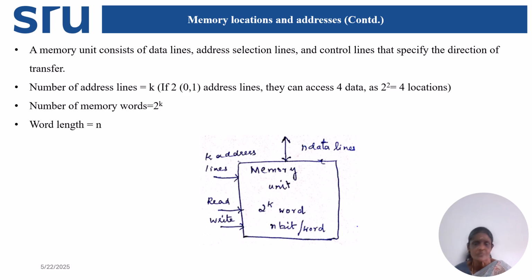If we have 0 and 1, 2 bits, with these 2 bits we can create 4 addresses. What are they? 0 0, 0 1, 1 0, 1 1.